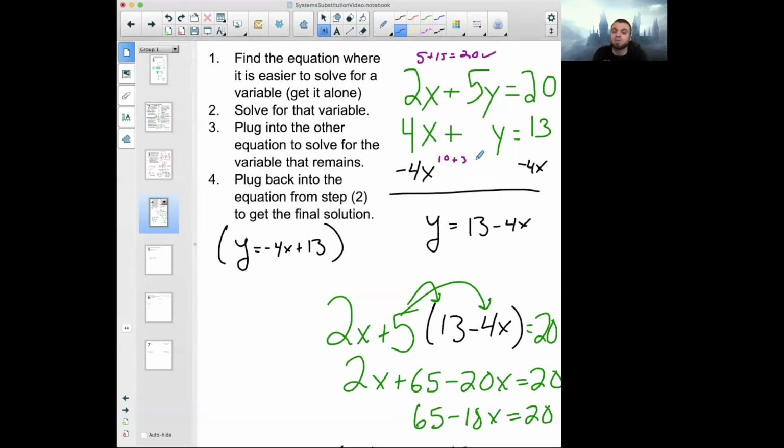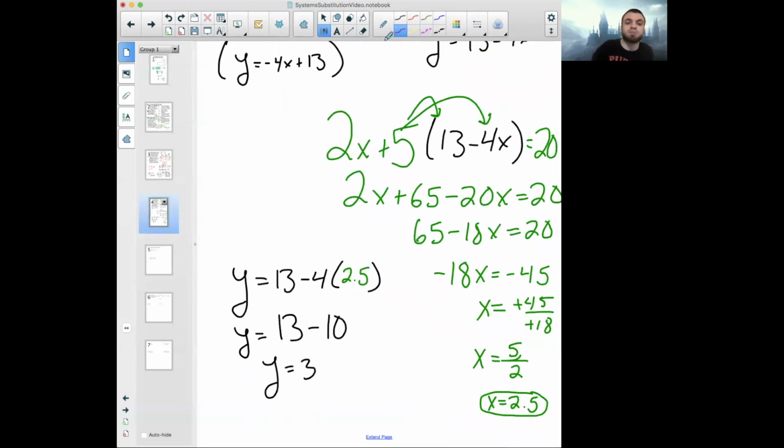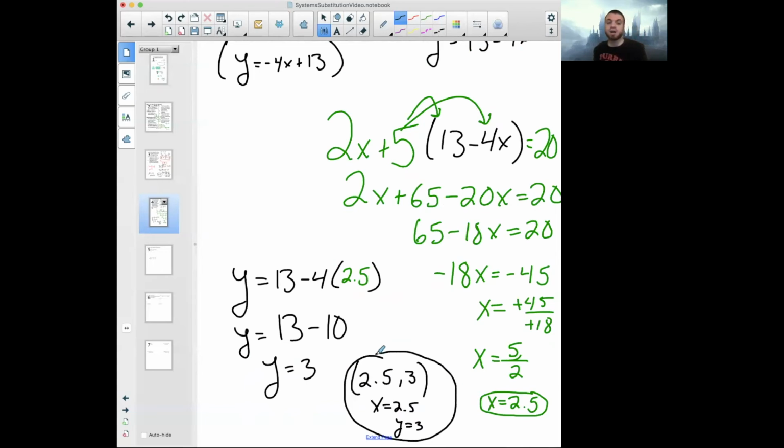And 10 plus 3 is 13. So that means both equations are true, which confirms that our solution is (2.5, 3), or x equals 2.5, y equals 3, okay? That is what we got.